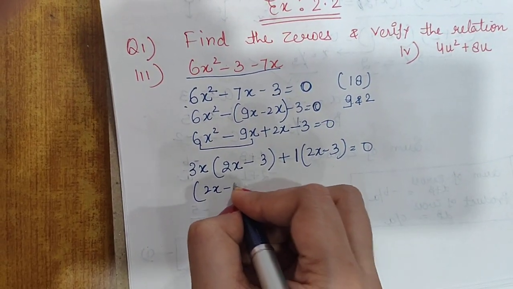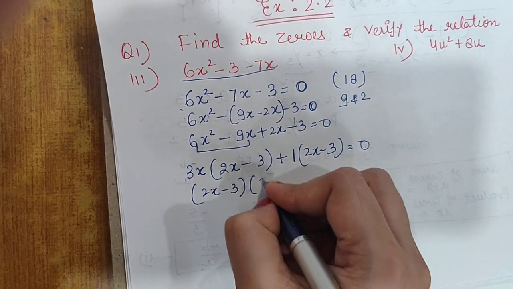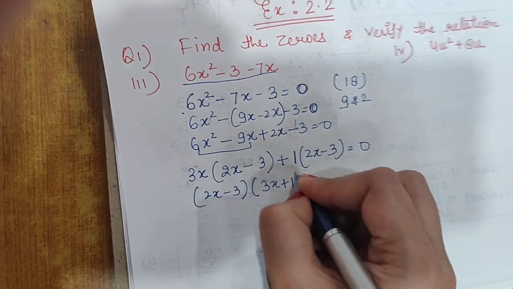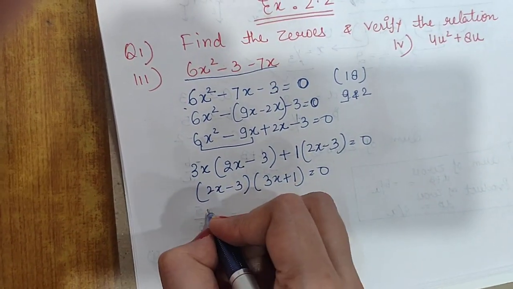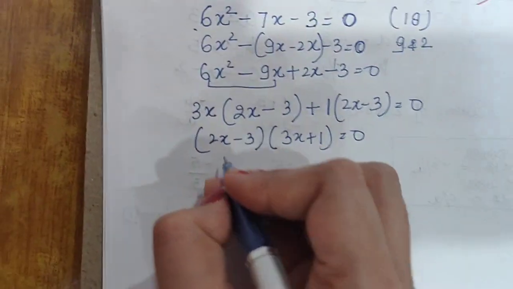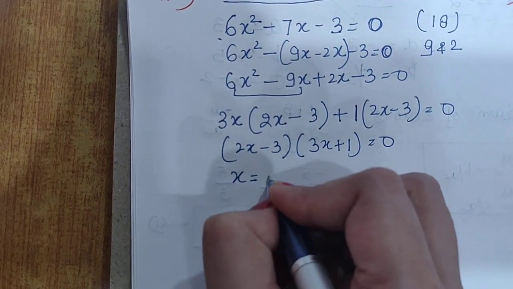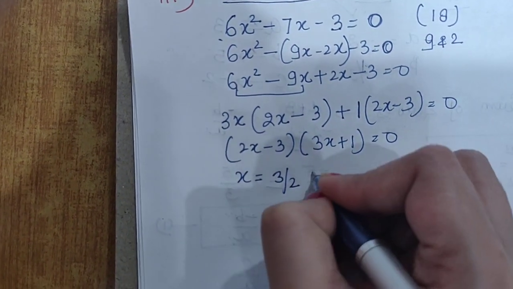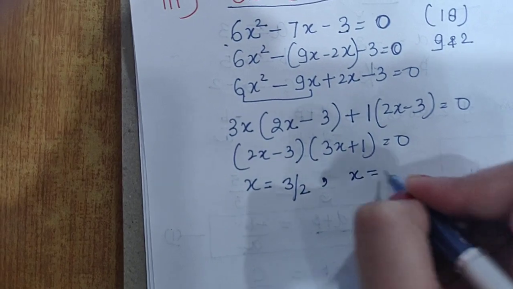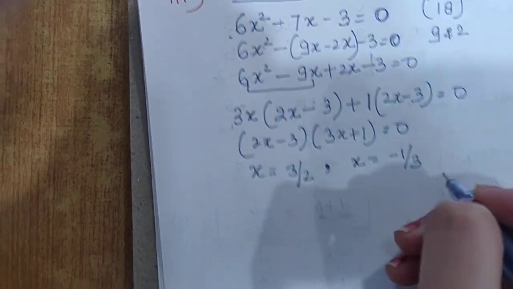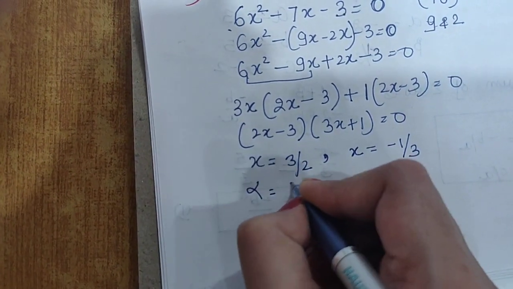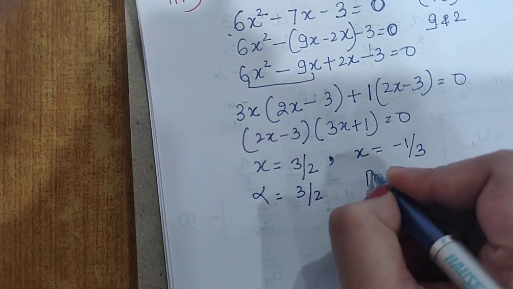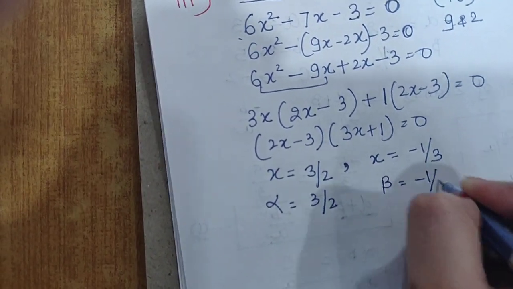Now 2x minus 3 is one factor, and another factor is 3x plus 1. According to this factor, one zero will be 3 by 2, and according to the other factor, another zero will be minus 1 by 3. So alpha is 3 by 2 and beta is minus 1 by 3.